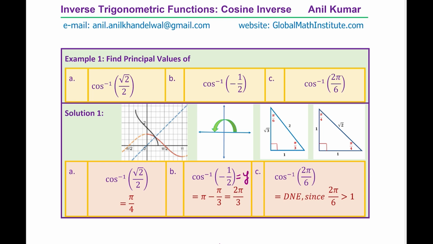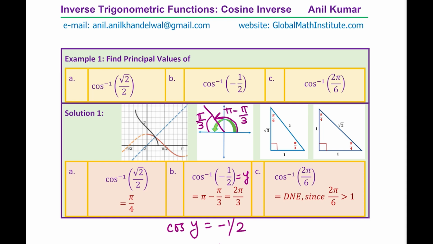In that case, what is y equal to? Cos of y is minus half. Minus half means you are in this quadrant. And for that, the value is right there. The related acute angle being pi by 3, and therefore the principal angle is pi minus pi by 3.